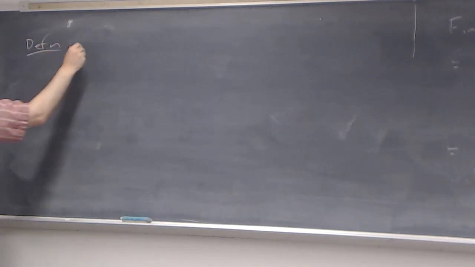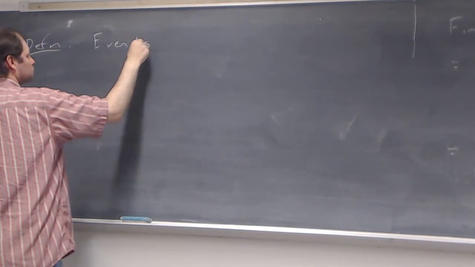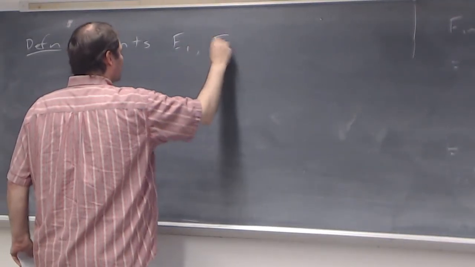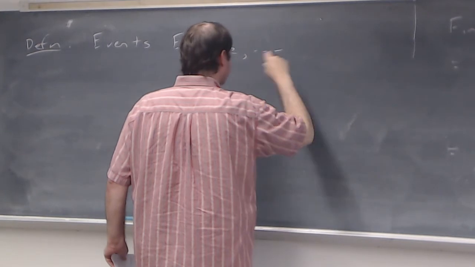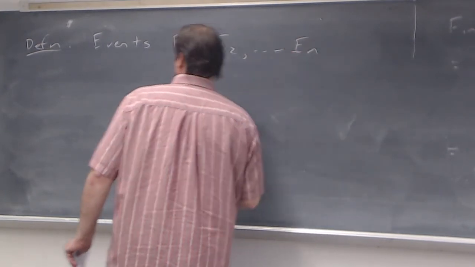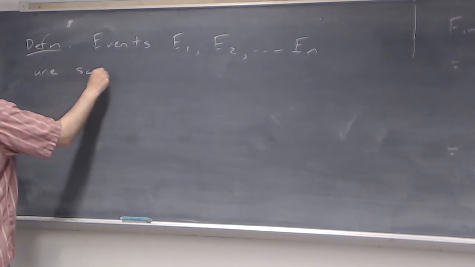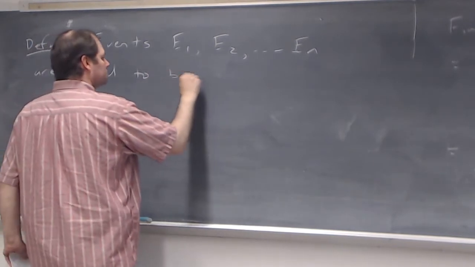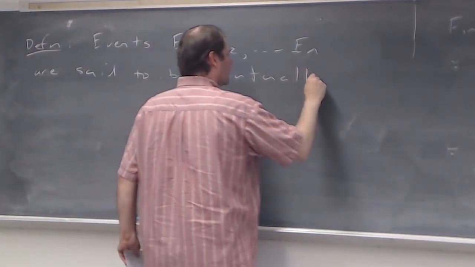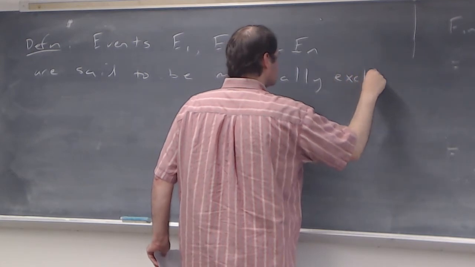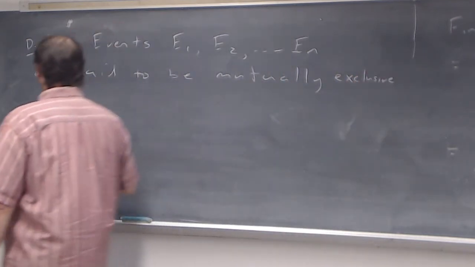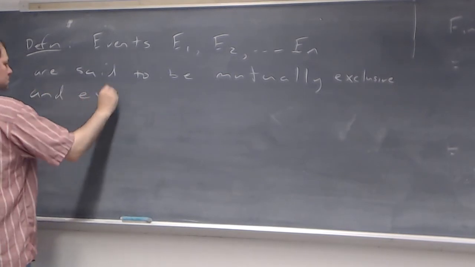Okay, so the definition we're going to look at is about mutually exclusive and exhaustive events. The definition: events E1, E2, you can go up forever, but I'll say they're finite for this definition, but they don't have to be, up to En, are said to be mutually exclusive and exhaustive.